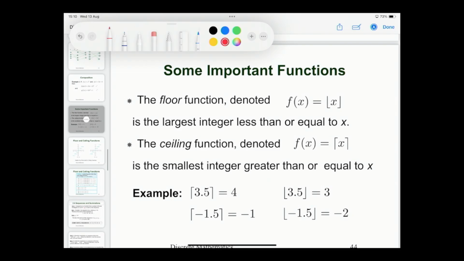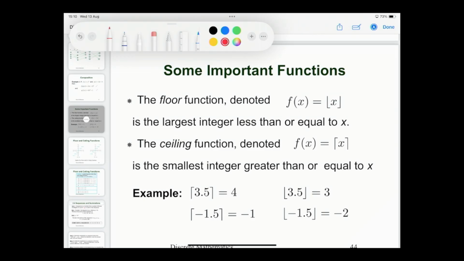The next one is about some more important functions, the floor and ceiling functions. Or maybe you are more familiar with terms like upper bound and lower bound.